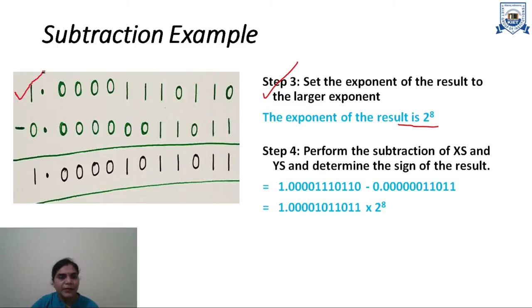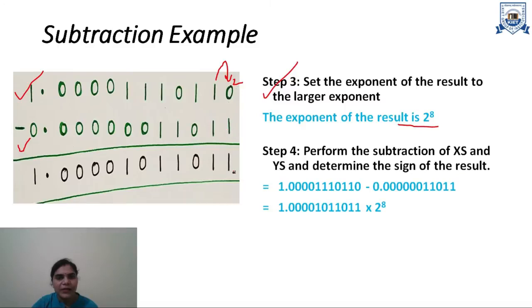And now we will perform the subtraction. The significand part of number 1 is given and the significand part of number 2 is also mentioned here. And we can perform binary subtraction here. As you have already studied binary subtraction, you can perform it. Here 0 minus 1, so we will take a borrow of 2.